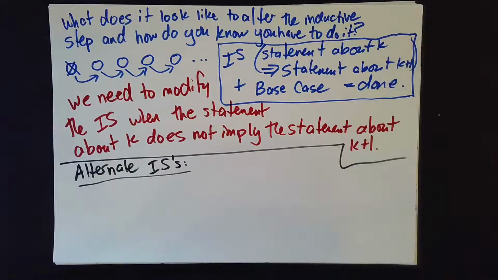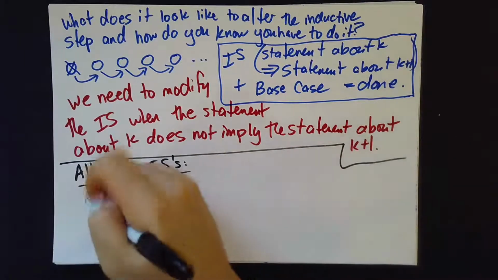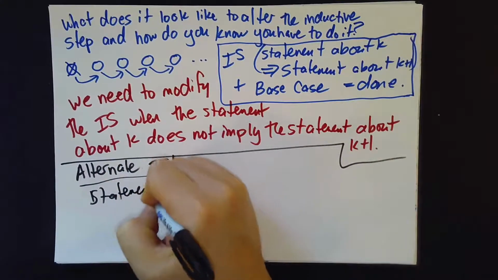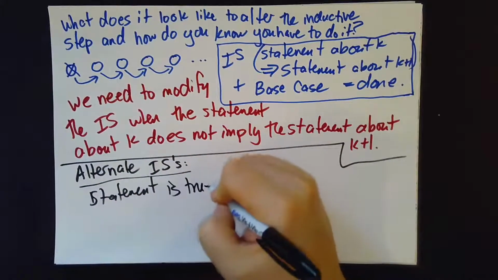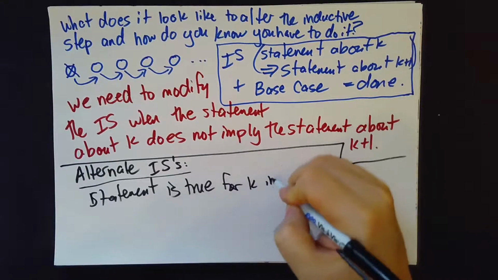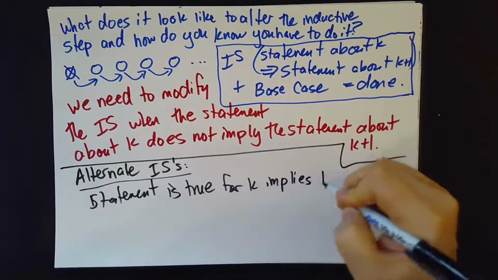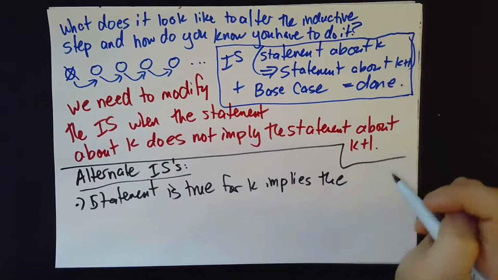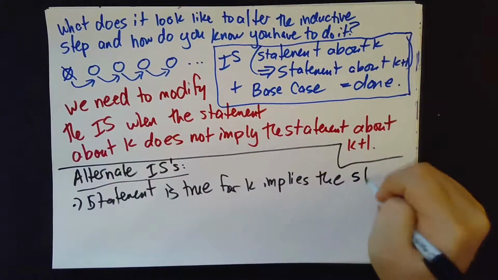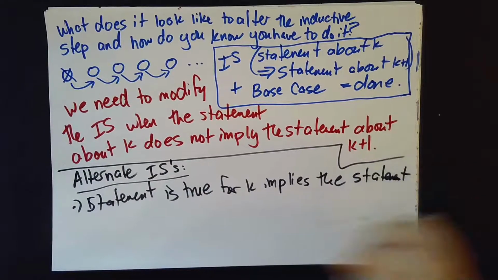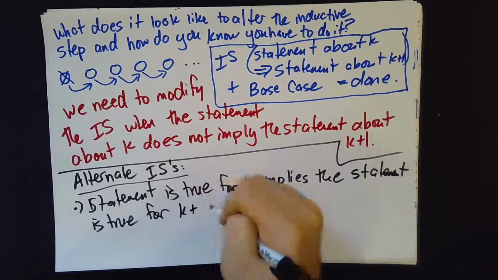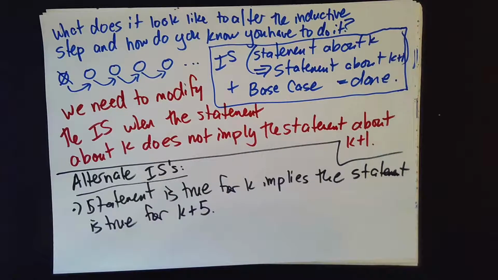Okay, so we've seen, for example, it be the case that the statement being true for k implies the statement is true for k plus 5. Or for k plus 2, or k plus any other number.